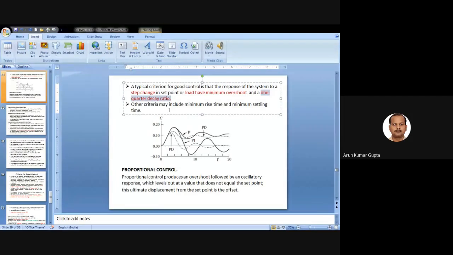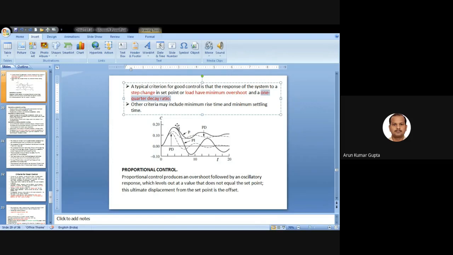Here you can see a diagram like this: the proportional controller, which basically has the offset. We have the PD, we have the PI also, so we have different types of graphs.